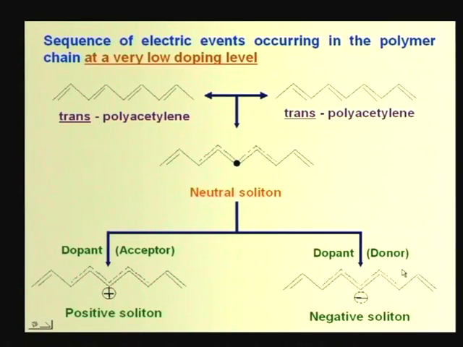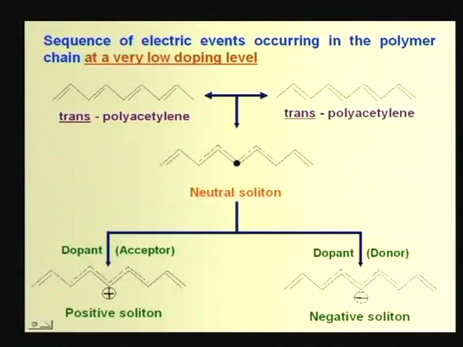Or some donor is there, it does not like these electrons, there is a little excess, it is having problem with this excess electron, so it will try to remove it. So if it gets some suitable acceptor, that will release. So positive soliton means soliton is a positive charge.